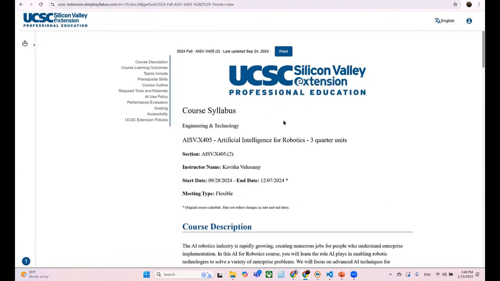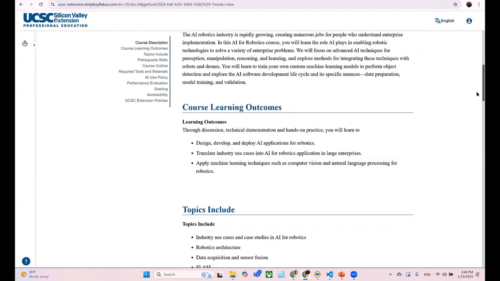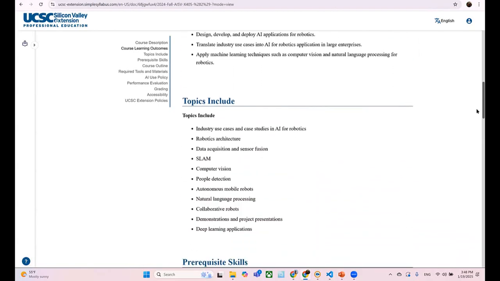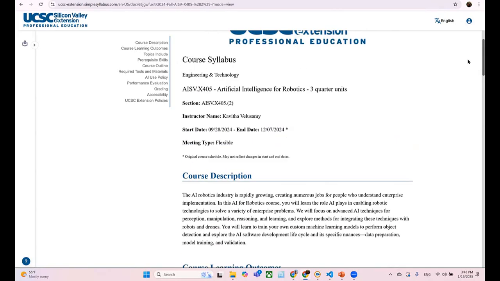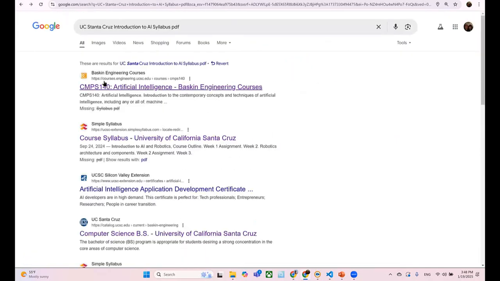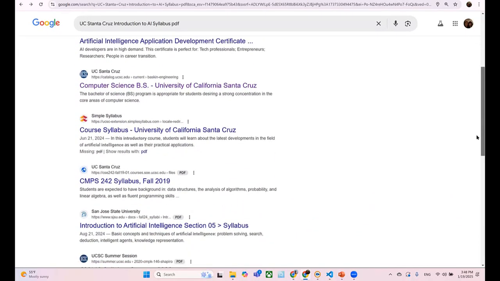So this one does have a syllabus for introduction to AI, artificial intelligence. This one is too broad. This one is extension, let's not work on it. Don't use this one. Let me see. This one.